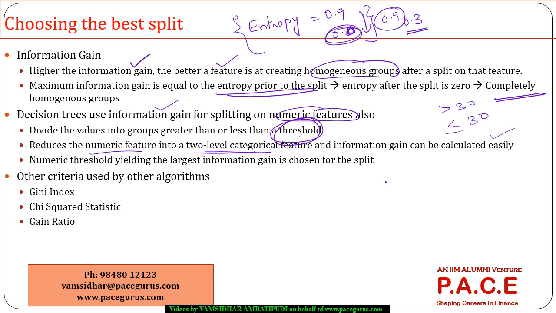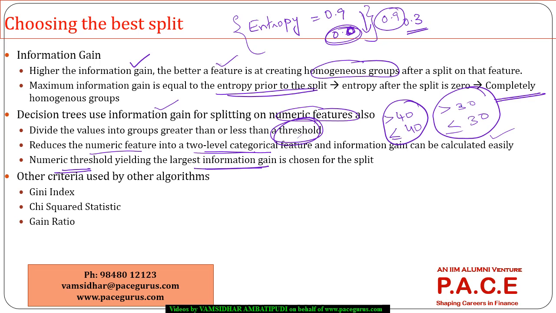And wherever the information gain is much higher, that feature will be used for splitting purpose. So for that particular numerical threshold that is yielding the largest information gain, should I put it as greater than 30 and less than or equal to 30, or is it 40 and less than or equal to 40?